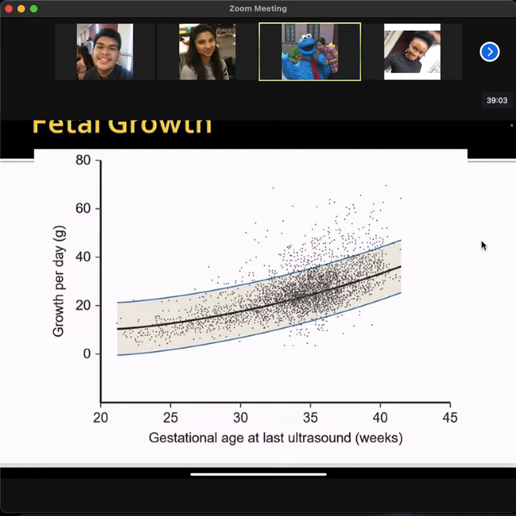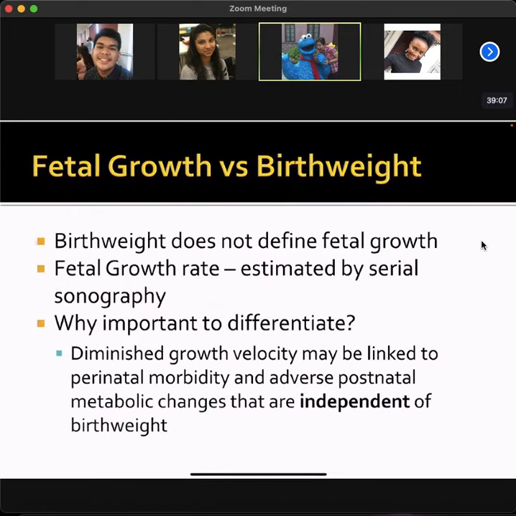So birth weight, we cannot use birth weight as a measure to define fetal growth because birth weight is already the outcome. Whereas the fetal growth rate is the rate by which there is increase in weight for a certain period of time.